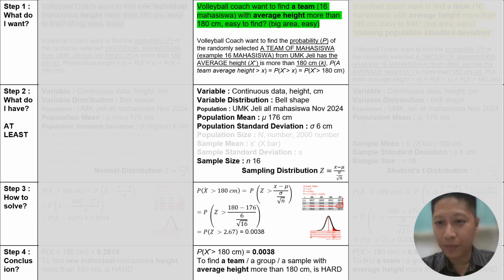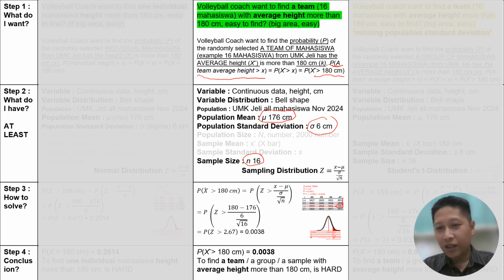We're going to write in mathematical notation. I want to find the probability to form a team, and the team average height is more than 180 cm. For this question, we have the population mean given by the administration. The administration also gives us the population standard deviation, and we have the sample size, that is the team, a total of 16 students, 16 mahasiswa.